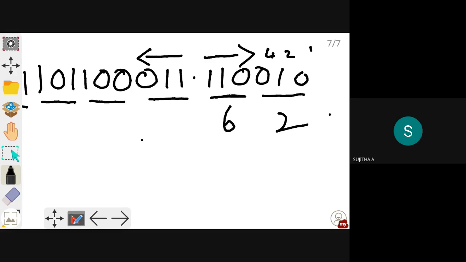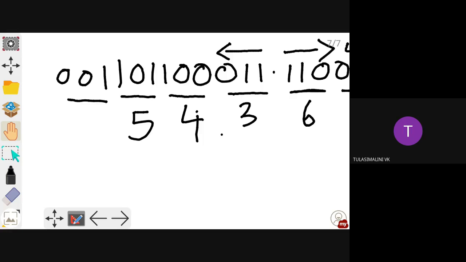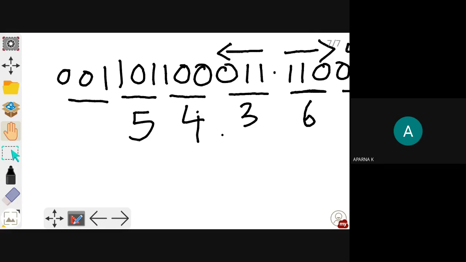So what is 011? 3. And 100 is 4. 101 is 5. And then 001 is 1.